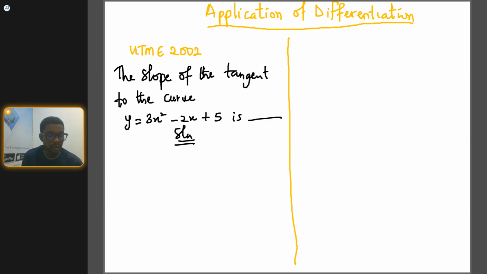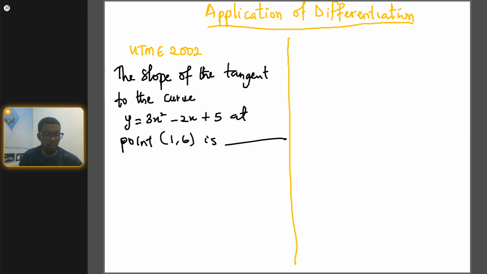Solution: we are asked to find the slope at point 1, 6.